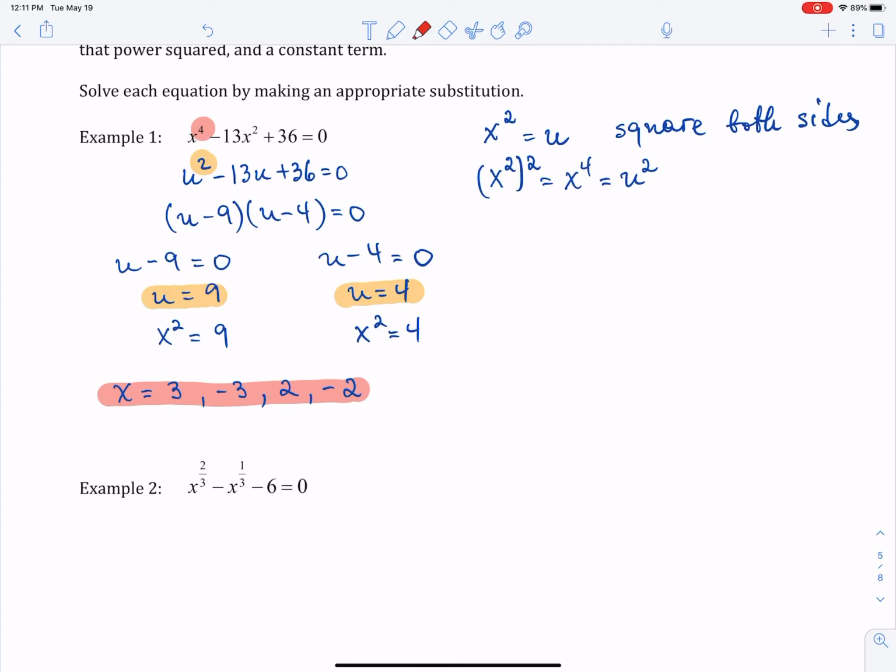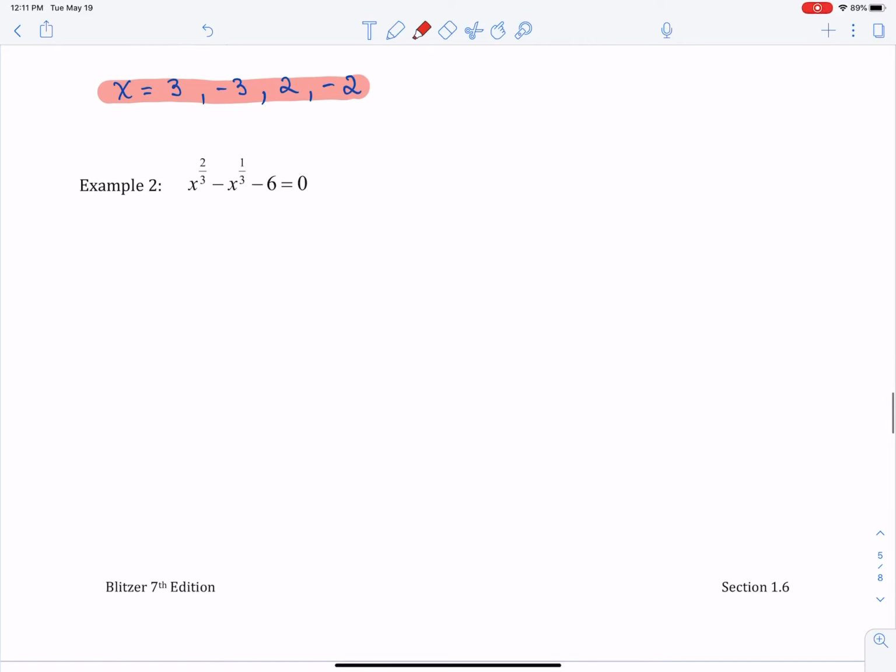The next example is with rational exponents, but we don't worry about it. We look at what is the smallest one of them. Well, 2/3 is twice bigger than 1/3, so I'm going to say x powered by 1/3 is my u.